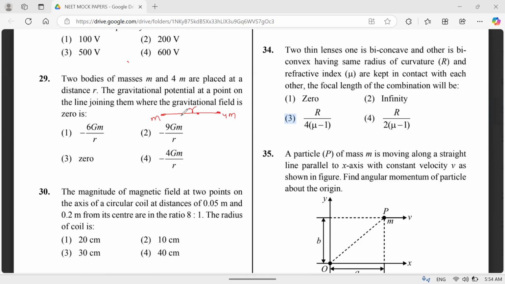So somewhere if I'm taking that at x, somewhere at x it is becoming 0. Then the other will be equal to r minus x.